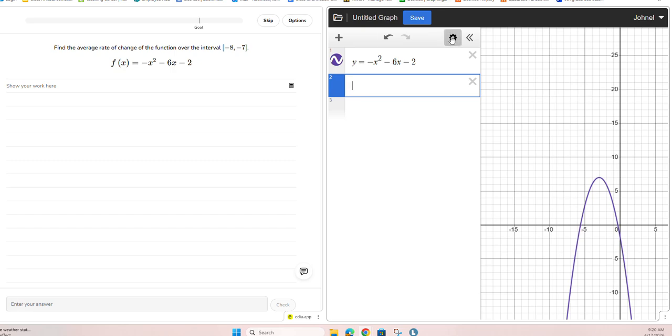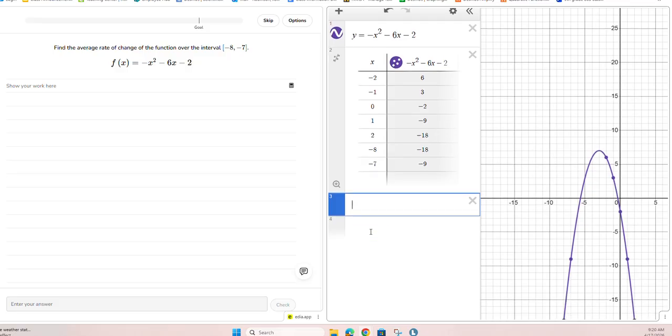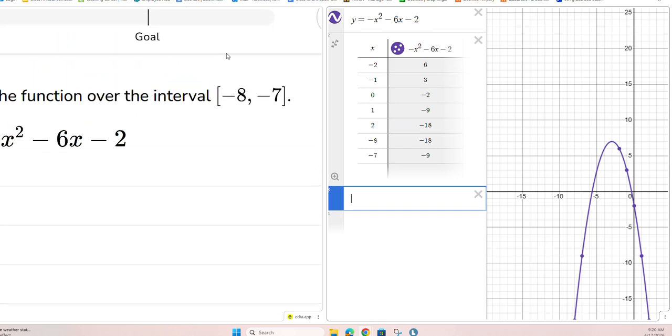Then I'm going to press the settings and the table. I need the interval from negative 8 to negative 7. All right? It came from my problem right here.